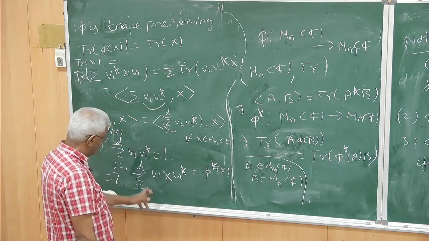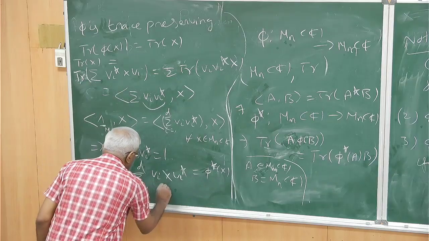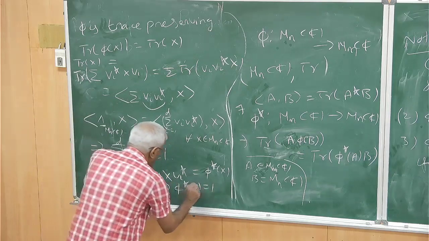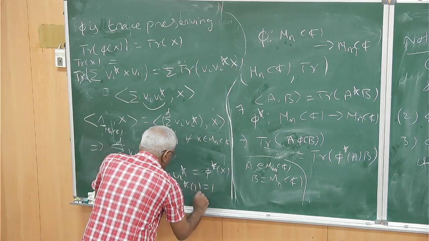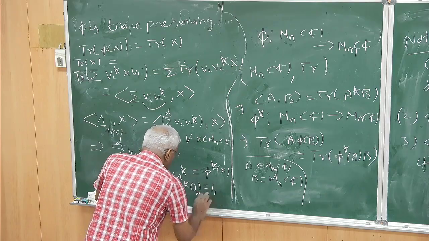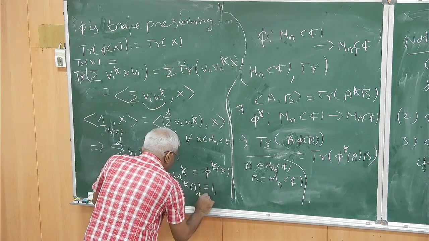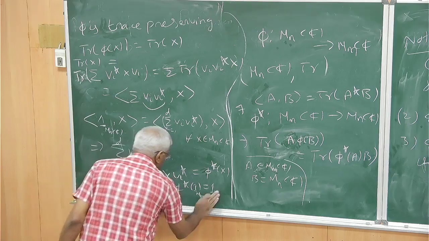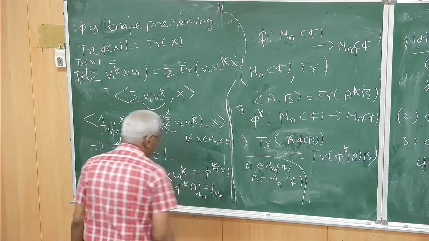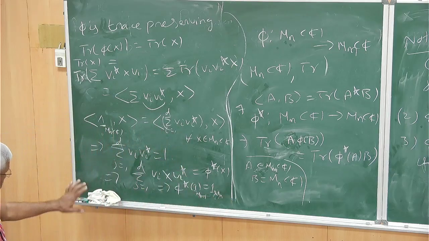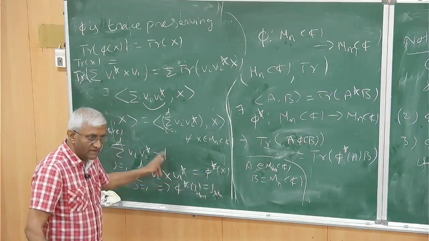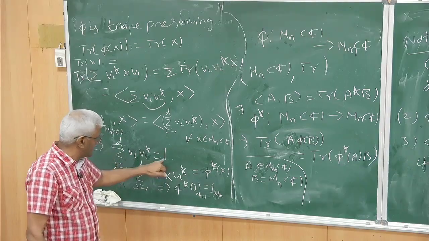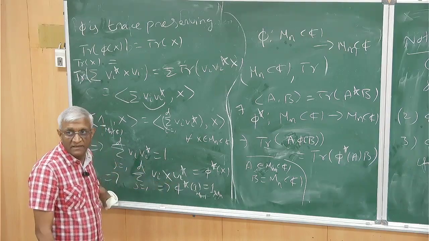Okay. This is the definition of phi star of x. So this implies phi star of 1 is 1, of course. Phi star of 1 in MNC is the same as 1. You just insert 1 here. Because it is trace preserving, the condition implies that summation vi star vi equal to 1. From that it follows.